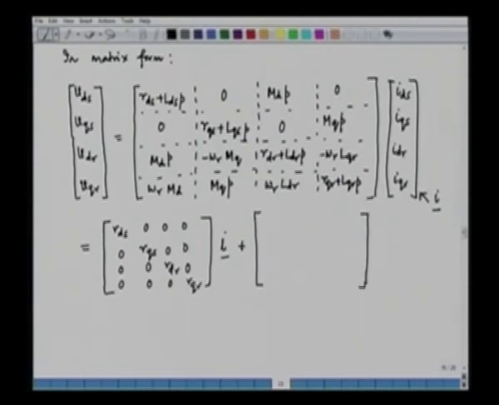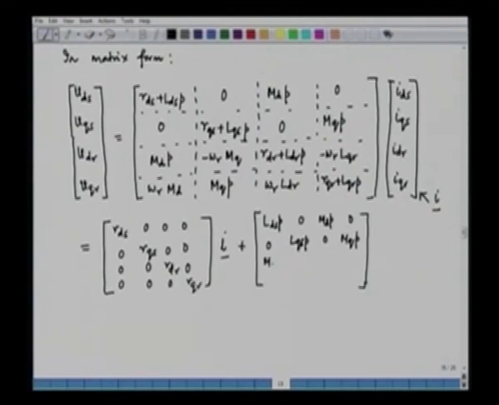and this matrix is LDSP 0, MDP 0, 0, LQSP 0, MQP.